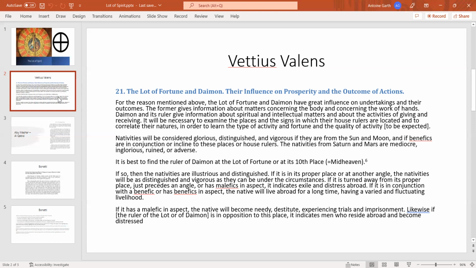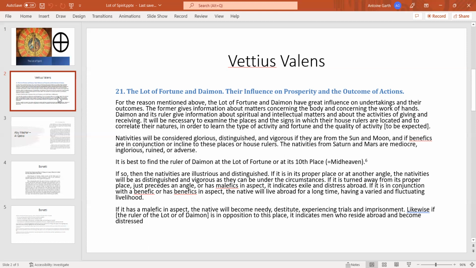But the one that we're doing today, which there isn't really that much information about after the 13th century, is the one that gives information about spiritual and intellectual matters and about the activities of giving and receiving. So that's the most important thing to keep in mind for what it is that we are doing today.